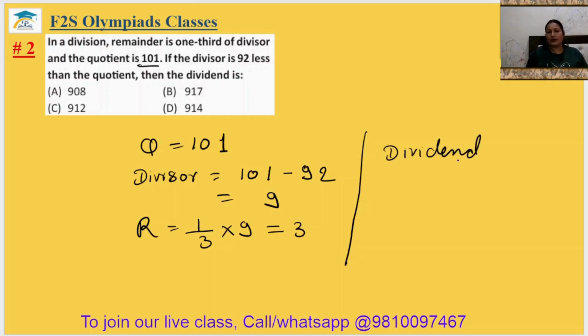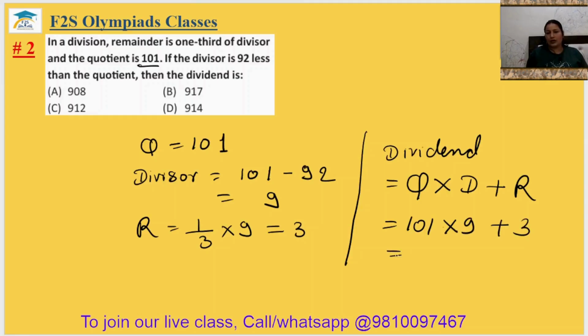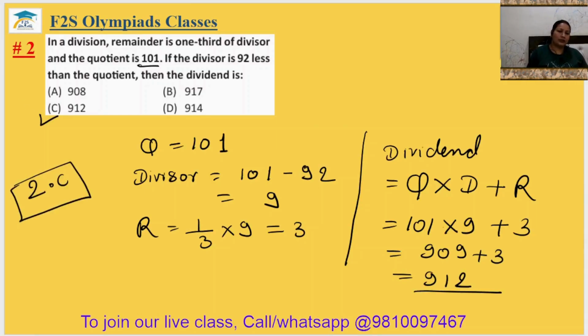How can we find the dividend? It is the quotient multiplied by divisor plus remainder: 101 multiplied by 9 plus 3. So 909 plus 3 is 912. It is in option C. So the second answer will be option C.